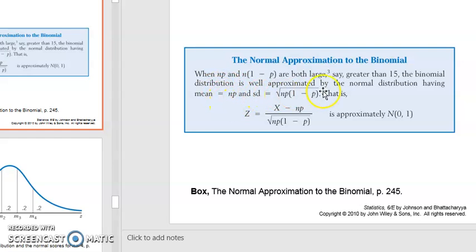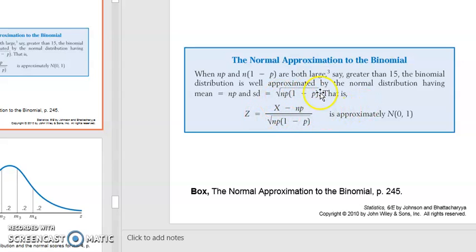This is the formula we learned before for binomial distribution. Population mean is sample size times probability of success. And standard deviation is sample size times probability of success times the probability of failure, and take square root.